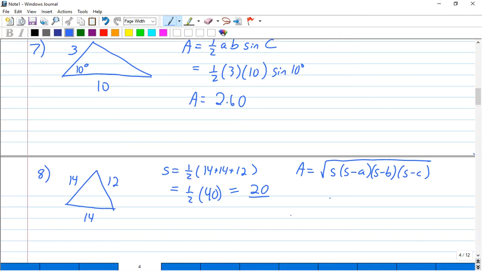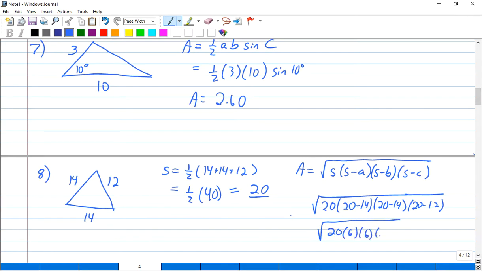Okay? So what's that going to give me? Let's see, the square root of 20 times 20 minus 14 times 20 minus 14 times 20 minus 12. Or the square root of 20 times 6 times 6 times 8.